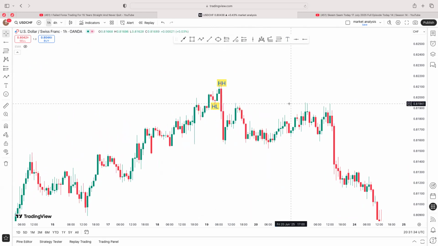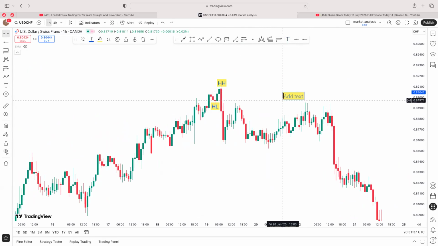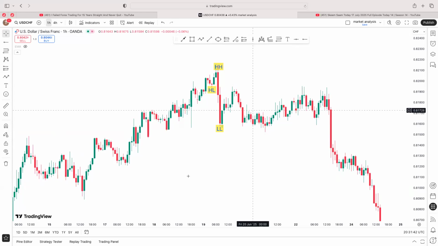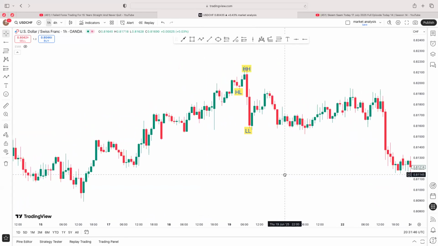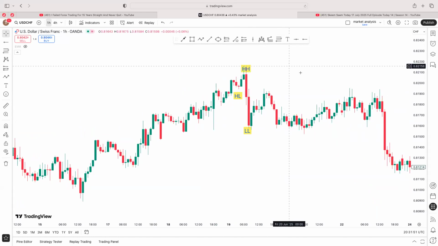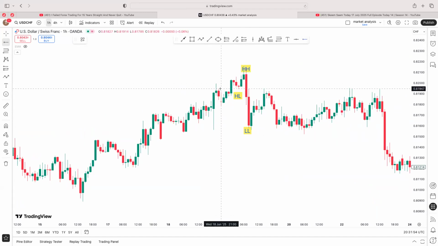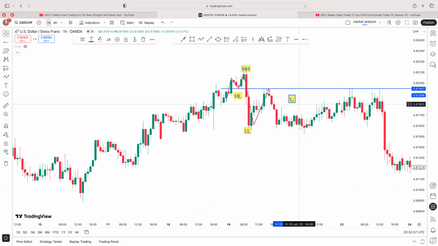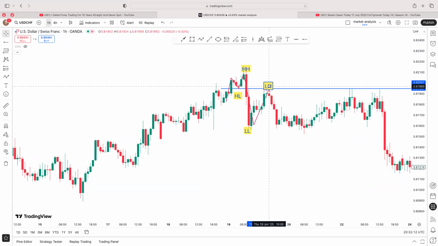The last one is the lower low, which the market came and created here. We have the neckline right there, and this small M pattern. They broke, went and created a new low, then came back. As they were coming back, they are now creating a lower high right here.